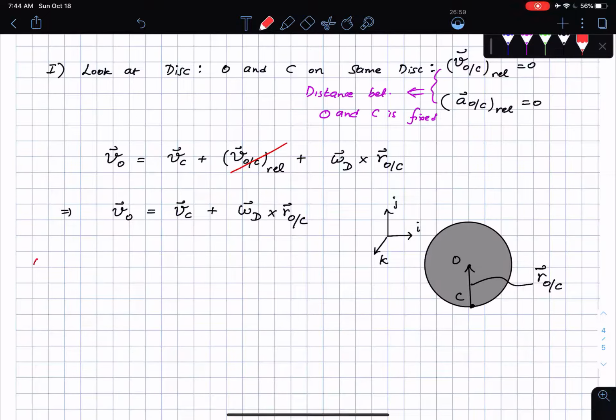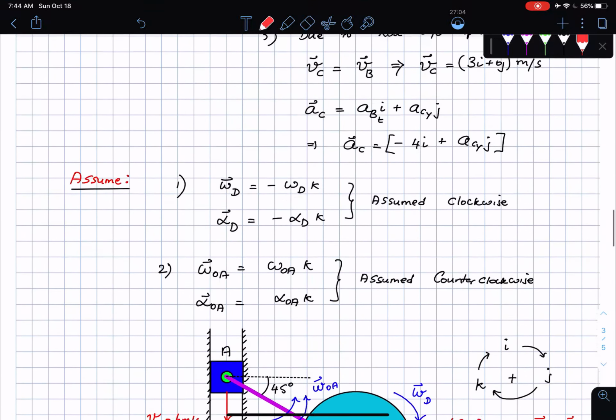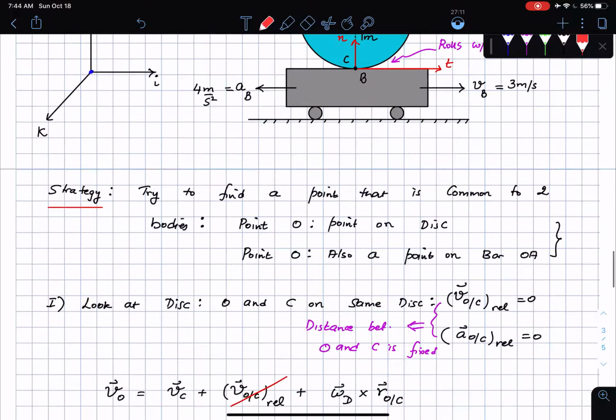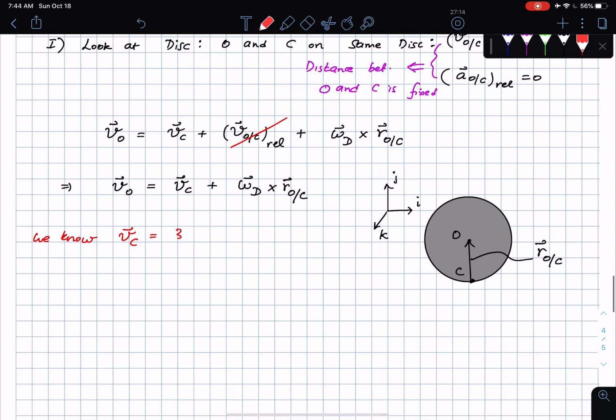So we know velocity of C. If I go back up a little bit, I had a host of information written down here. So velocity of C was 3I plus 0J, so that's going to be 3I meters per second. And then I have assumed omega of the disk to be minus omega of the disk K, and then R O/C.